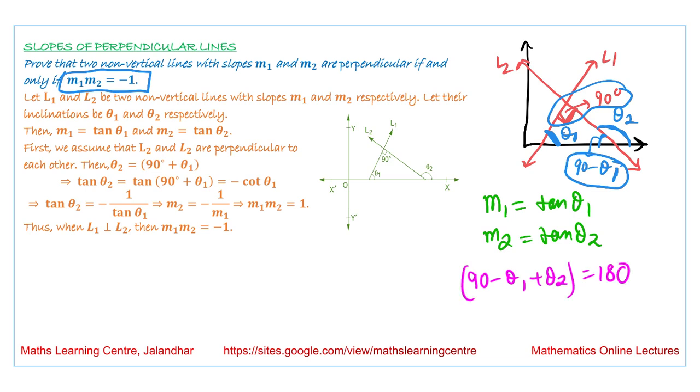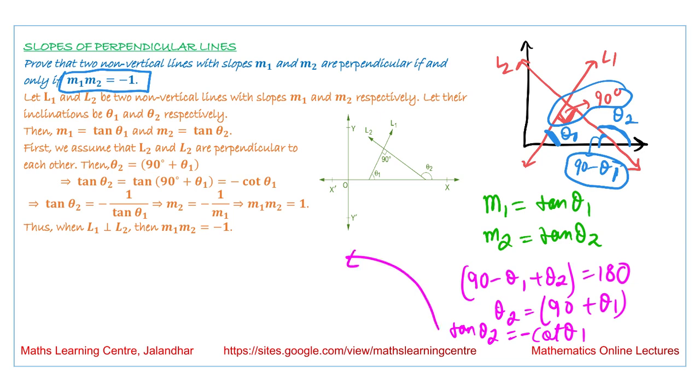So we obtain that theta 2 is equal to 90 plus theta 1. So tan theta 2 is equal to minus cot theta 1.